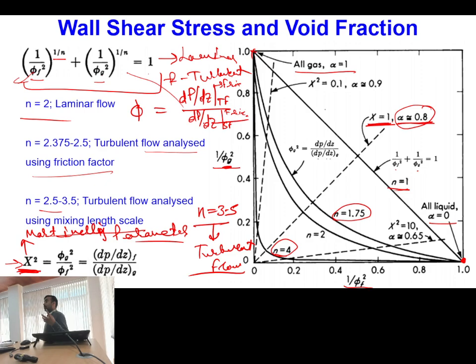Okay, so if one has to do the experiment, they have to judiciously plan the experiment. Judicious planning means that your experiment should only give you the value of frictional pressure drop.